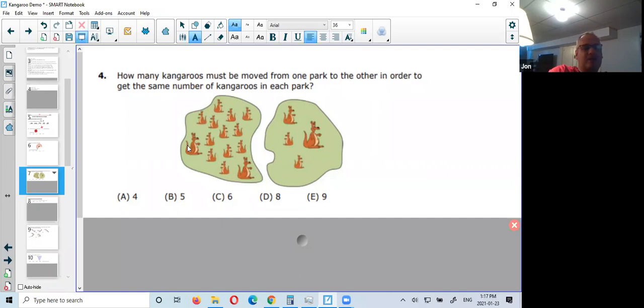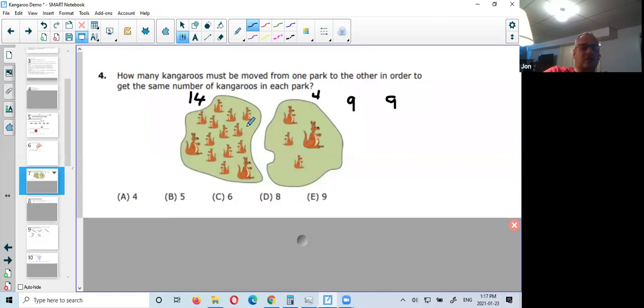Okay, right. So we counted up how many we had here. There's 18 altogether. 4, 5, 6, 7, 8, 9, 10, 11, 12. There are 18 altogether, and you need half on each side. Right? So you need 9, right? We need 9 on each side, right? We need 2 groups of 9. And so there's 4 here, and there's 14 over here, right?